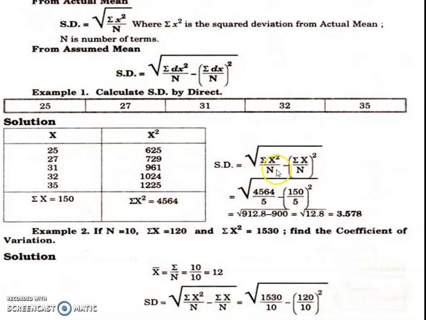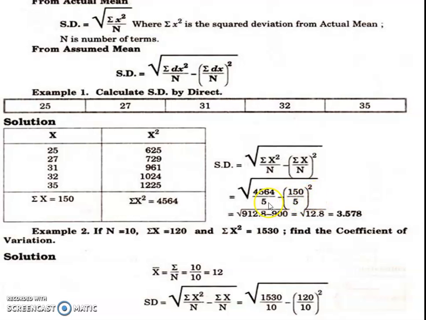Standard deviation formula is the square root of summation x square upon n minus summation x upon n whole bracket square. The summation of x square is 4564. We divide it by 5 because 5 numbers are given. Summation x is 150 divided by n, whole bracket square, that is x bar square.